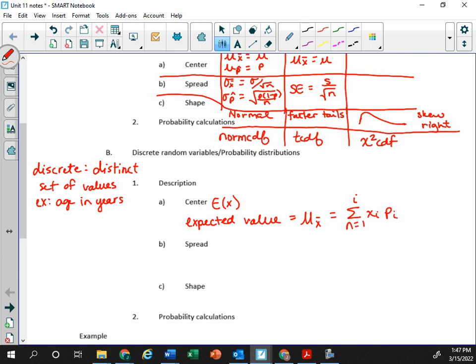So jot it down and then I'll translate. Yes, X sub I P sub I. Is this an equation? Yes, that is. But I'll show you how to do it all on your calculator.